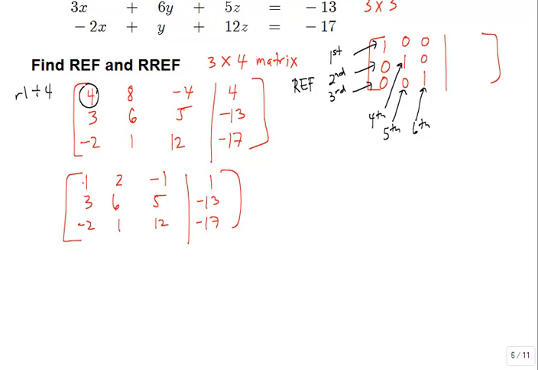Now that you have your 1, you'll always be able to get the 2 zeros below it by doing this 2-step process. Say we want to get rid of this 3 and turn it into a 0. So this is how you do that. You take your row 1 and you always multiply it by the opposite of the number you're trying to get rid of. So I'm trying to get rid of 3, so I'm going to multiply by a -3. That's step 1.